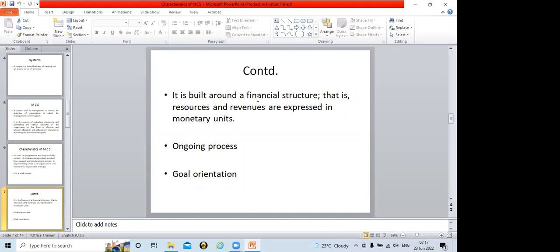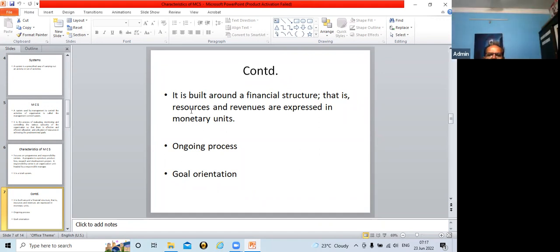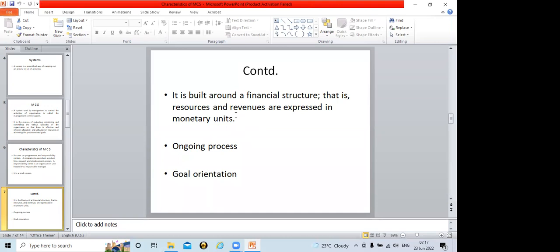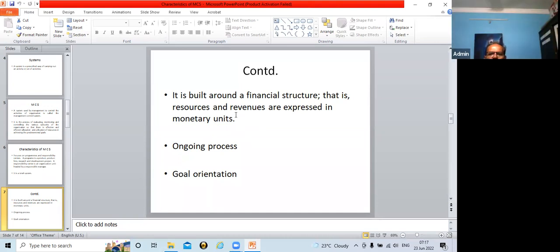Yes, sir. So we are discussing the characteristics of EPM. Can you see this slide? Yes, sir. So, as I told you, it is a total system. Number one characteristic of EPM is product line. Number two is total system.